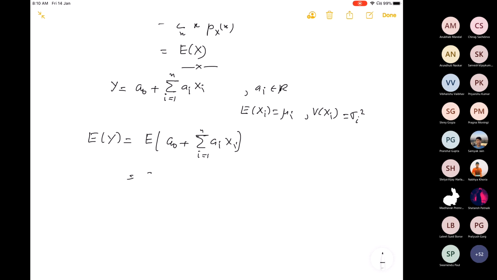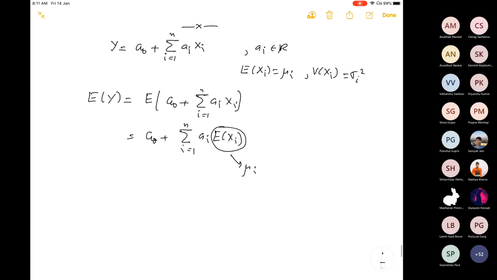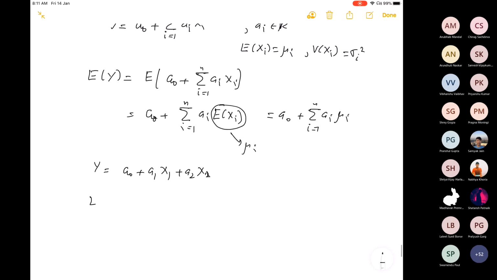The expectation will go inside: a naught plus the summation, i from 1 to n, of ai times the expected value of xi, which is nothing but mu i. So this will be a naught plus the summation of ai mu i, i from 1 to n. So for example, if y is a naught plus a1 x1 plus a2 x2, then the expectation of y will be the expectation of this.